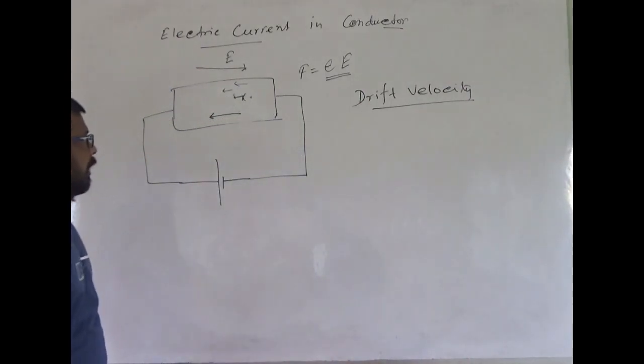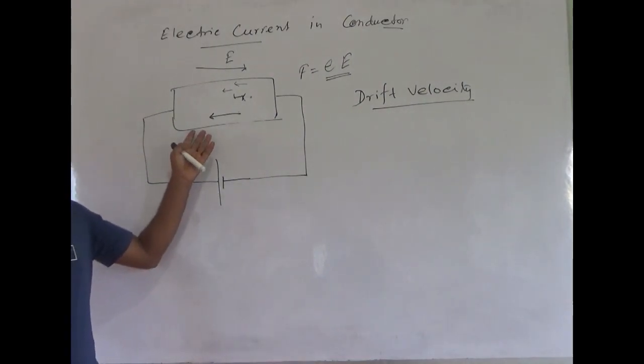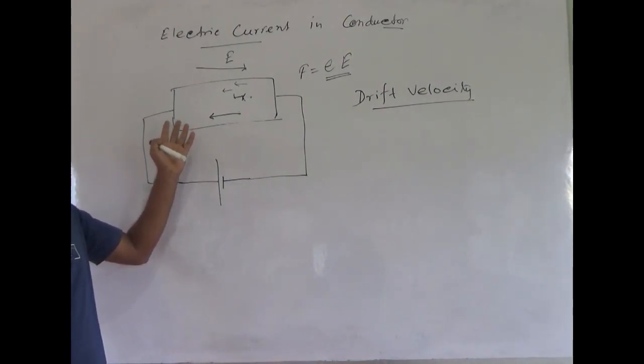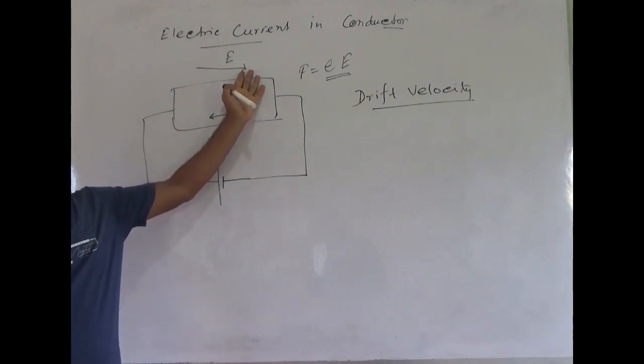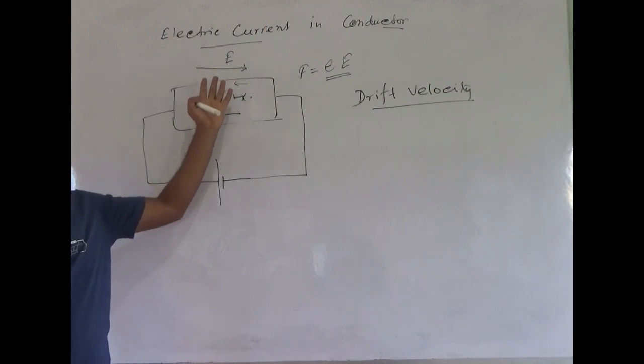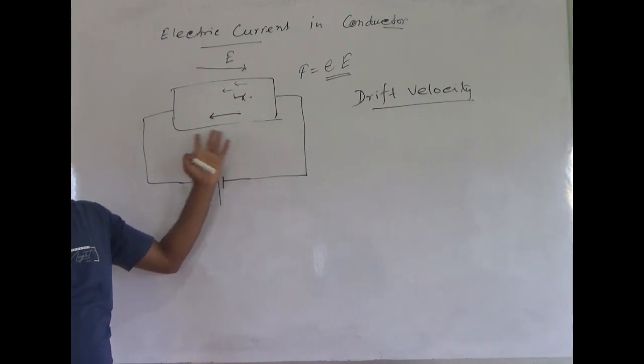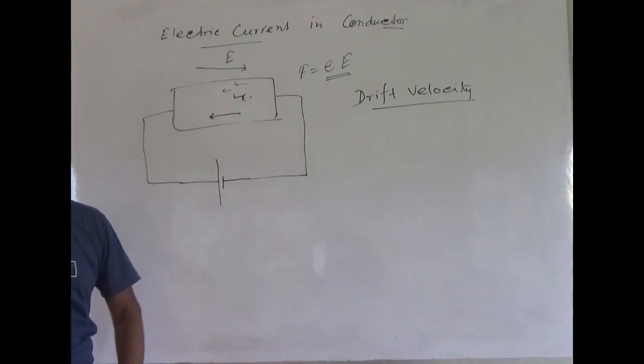Now we are taking a conductor which is placed in an external electric field E, and this external electric field is given by a potential difference across the material.